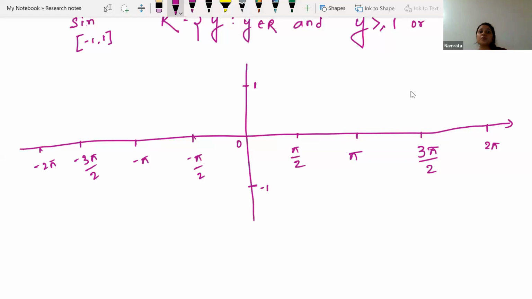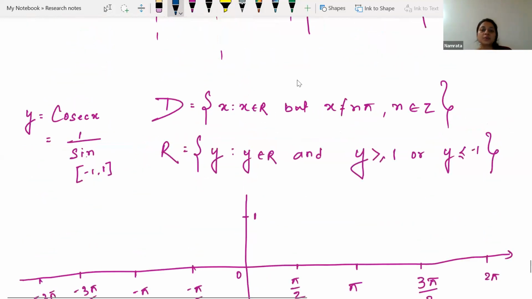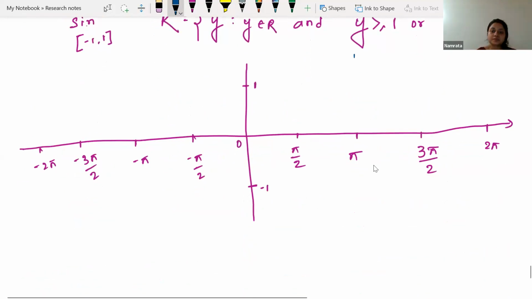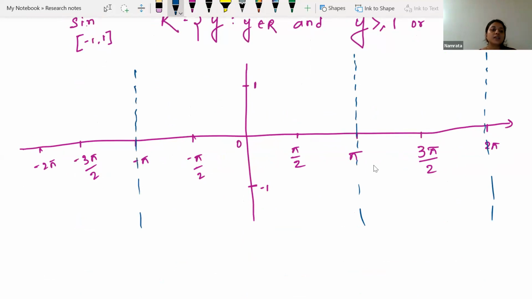Now, disturbing point means what is not acceptable, that we will plot the dotted line. So what is not acceptable? N pi. 1 pi, 2 pi, 3 pi. So 1 pi, 2 pi here, minus pi, minus 2 pi. These are not acceptable. Here, at this point, the graph is not defined.